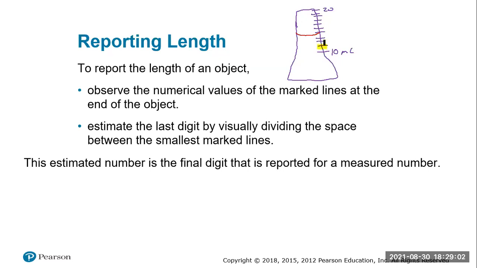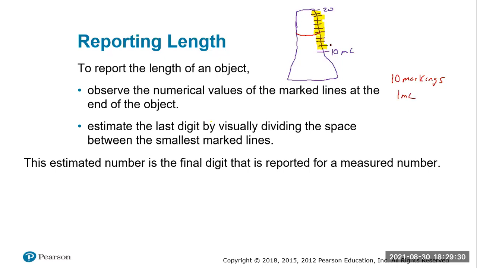So that's 1, 2, 3, 4, 5, 6, 7, 8, 9, and then 10 up there at 20. If we count all the little markings, there are 10 markings between 10 and 20 here. That means each marking represents 1 milliliter.